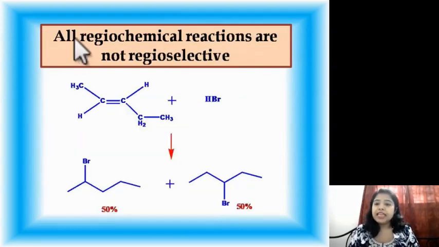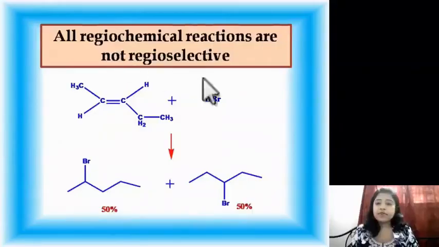As you can see, all regiochemical reactions are not regioselective in nature. As we have discussed in the previous slide, regiochemical reactions involve the reactants giving rise to two regioisomers. Regioisomers are those where there is one functional group and a selectivity among the different sites of that functional group, and one product has to be more than the other product.